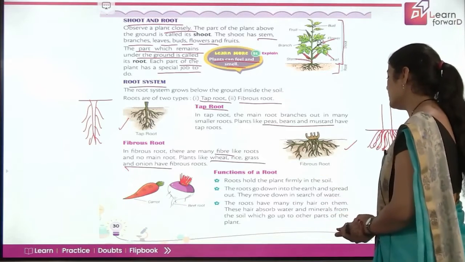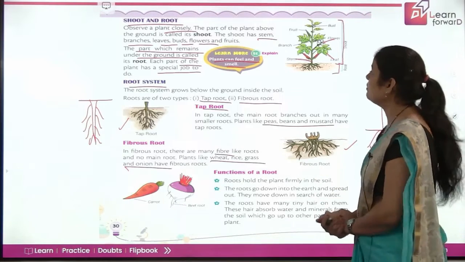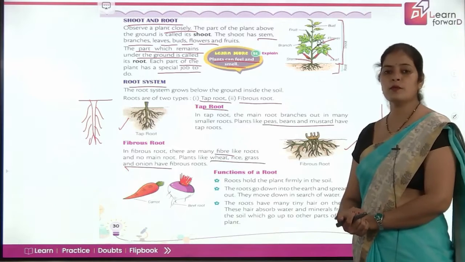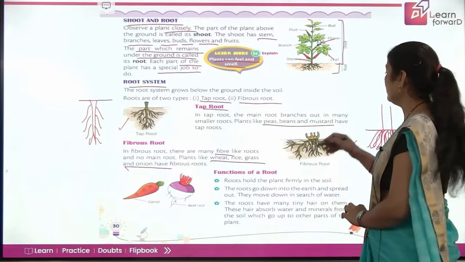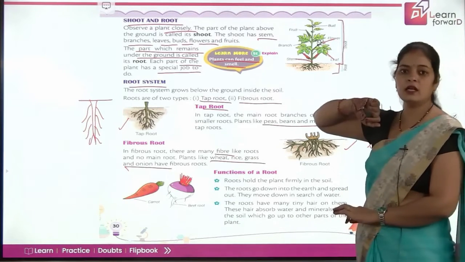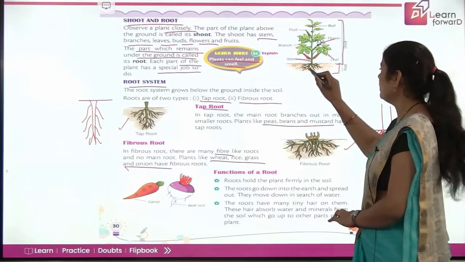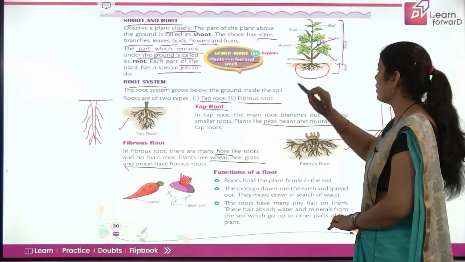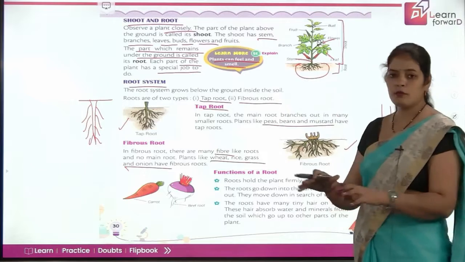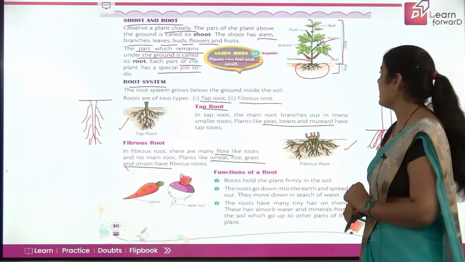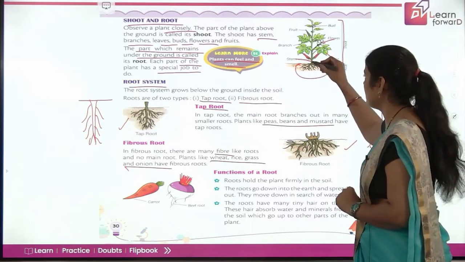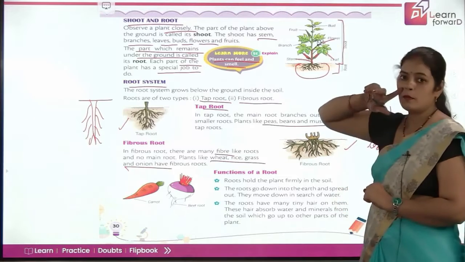They move downward in search of water, because the primary function of the root is to absorb water and give it to the rest of the plant parts. So from the proximity of the soil, these roots absorb all the water present there, and then the root sends it to the stem and the stem sends it to the rest of the plant.